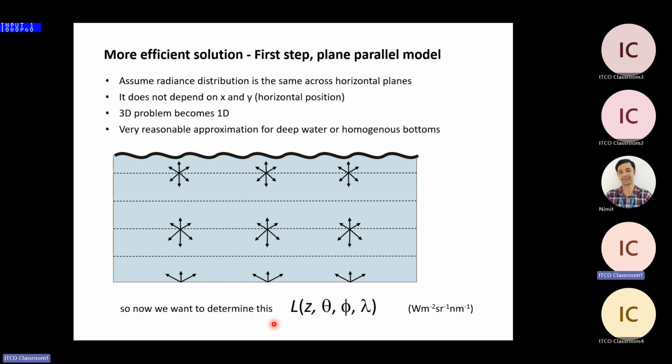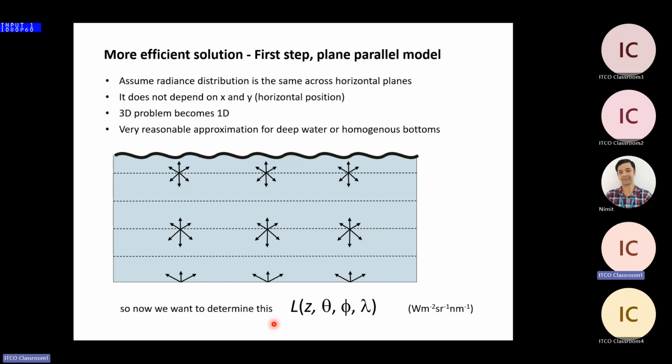And that works well for open oceans because they kind of are, as long as you talk about time averaged radiance, because obviously on the surface of the sea you have a wave like this. At any particular moment, you see this wave above you, and it's not going to be the same here as it is over there. But if we time average, which is what we're working with here, then when you move across, it's pretty much the same in open ocean conditions at the scales we're interested in.